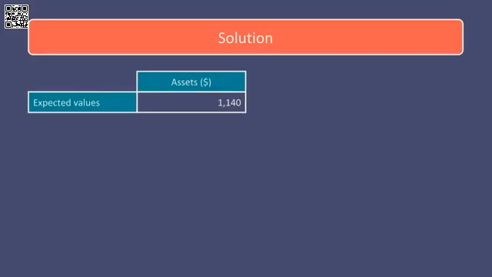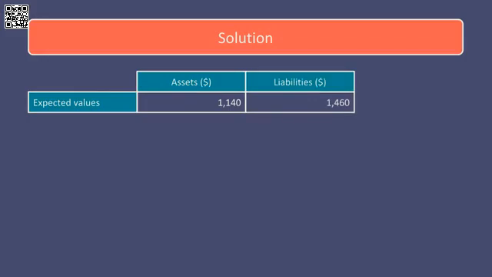So the assets are expected to increase by $140. And the pension fund liabilities are expected to increase by $260 in the year. Netted off, the journals posted result in $120 expected increase in the pension liability.